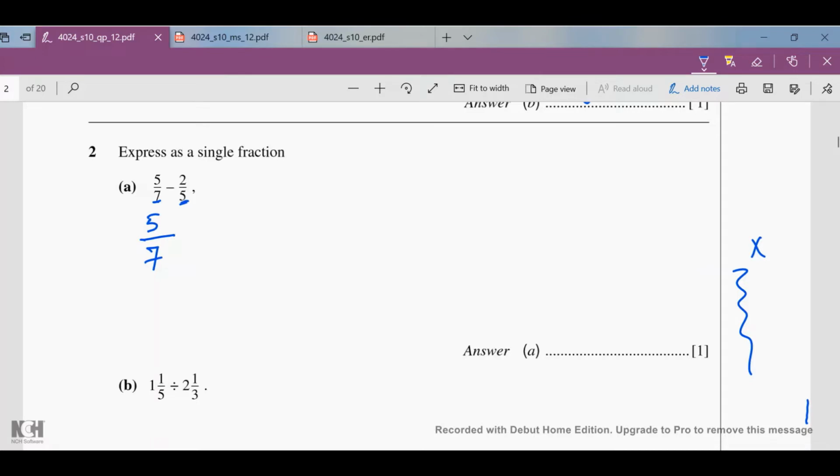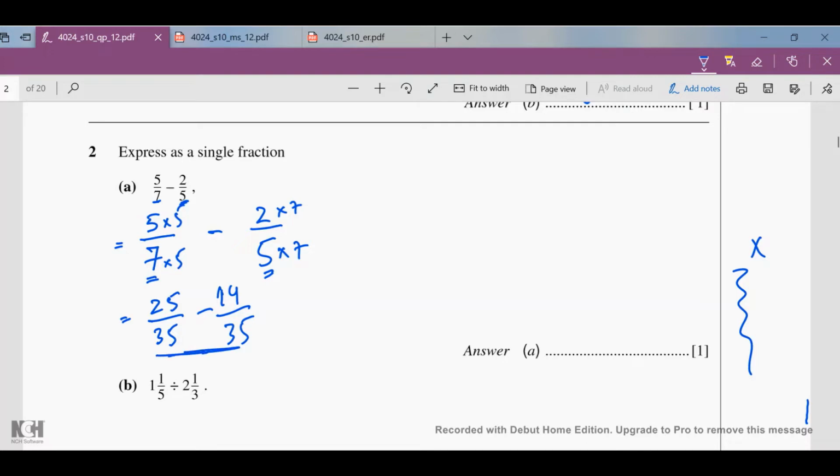So what we can do? 5 times 5 is 25 upon 35, and 7 times 2 is 14 upon 35. When we have the same denominator, we can add or subtract. So 25 minus 14 is 11, and your answer is 11 upon 35.